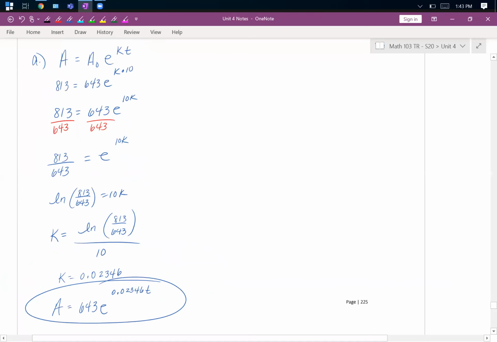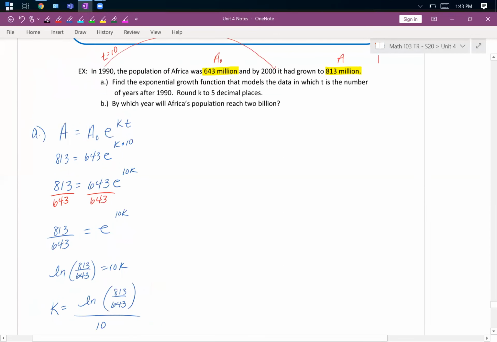All right, part B, we want to use this equation that we just came up with to answer the question. In part B, they're asking by which year will the population reach 2 billion? So they want us to find T for a specific A, 2 billion.